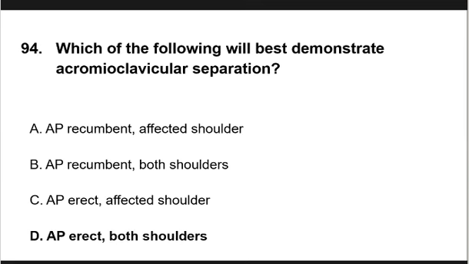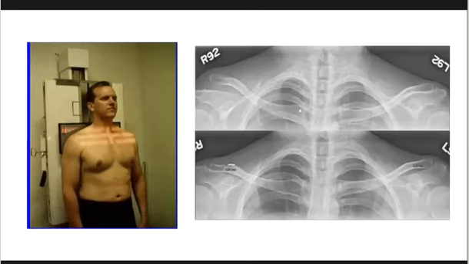What do we call that? For the acromioclavicular joint, it is bilateral. AP erect, bilateral, or AP erect, both shoulders. We make two exposures here to see if there is shoulder separation, dislocation or subluxation of the acromioclavicular joint.